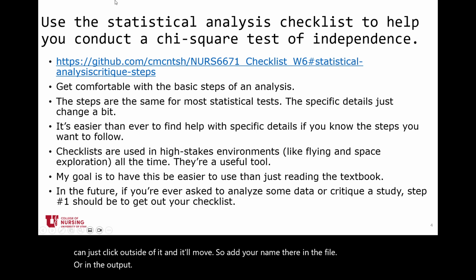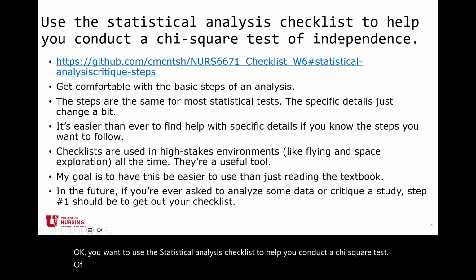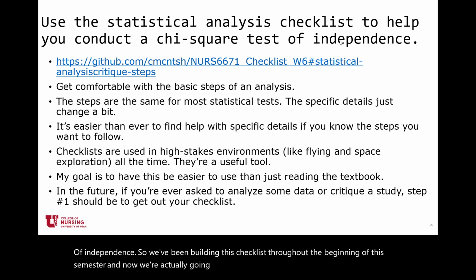You want to use the statistical analysis checklist to help you conduct a chi-square test of independence. We've been building this checklist throughout the beginning of this semester, and now we're actually going to start using it to help guide us through an analysis.